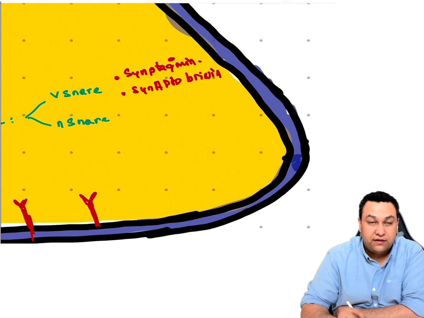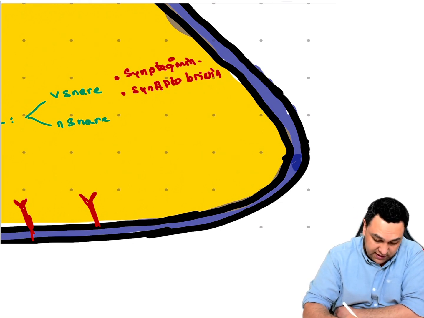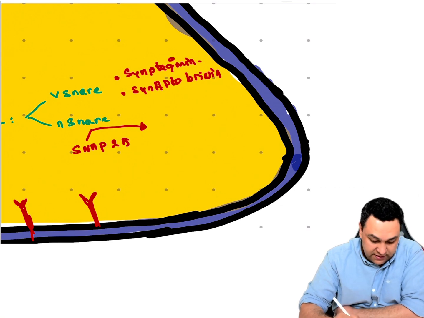And there are neuronal snares such as SNAP25, or there is one more which is called syntoxin 1.